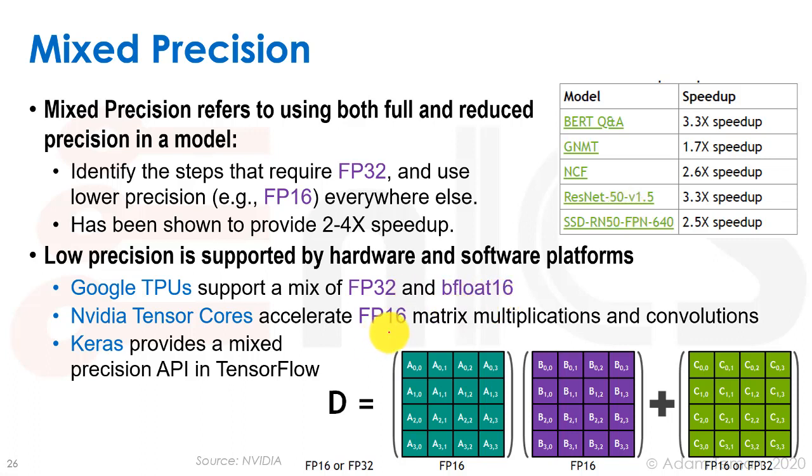NVIDIA Tensor Cores accelerate FP16 matrix multiplications and convolutions. As you can see here from NVIDIA, we can have these matrices in FP16, and they may have the accumulation in FP32 to keep better precision. And Keras provides a mixed precision API in TensorFlow. So mixed precision has become quite popular.